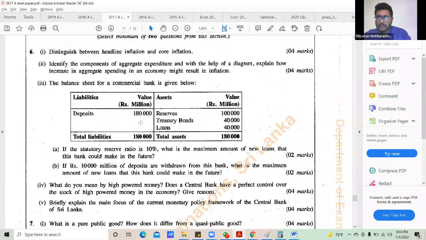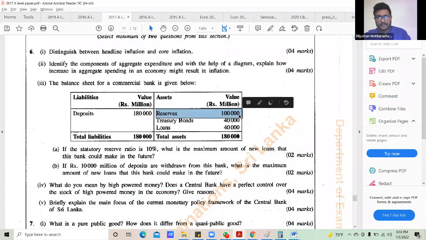You have a few components. In liabilities, they have mentioned deposits. What is this? The money they have accepted from their customers, which is maintained by each and every commercial bank, right? And then, what is this? Reserves.